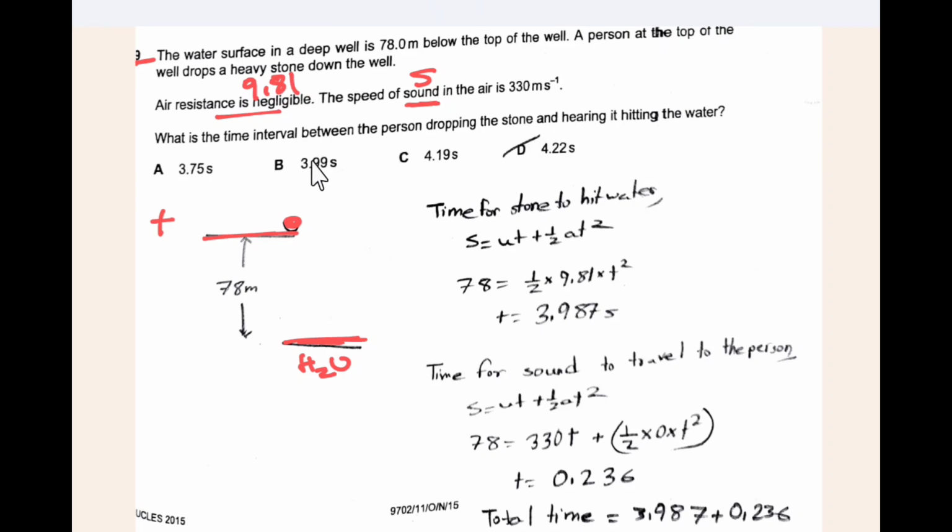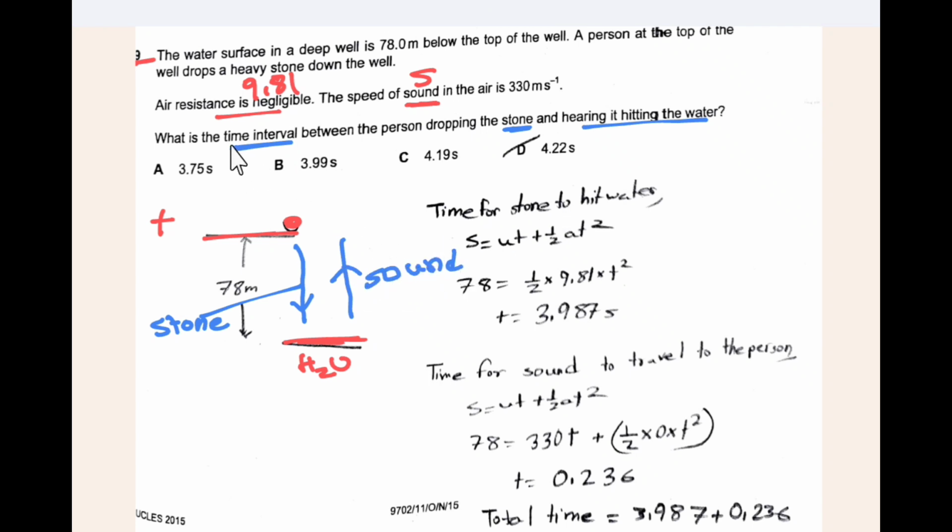So now read this statement carefully. It requires the time interval for the person dropping the stone. That means first of all the displacement of the stone, then the stone dropping and hearing it hitting the water. After the stone is dropped, he hears the sound.